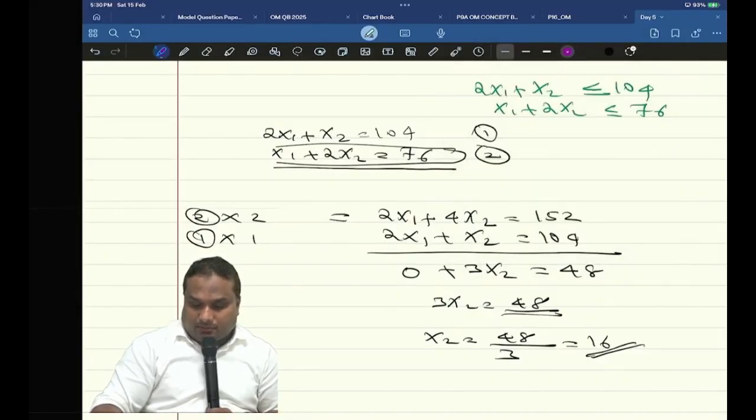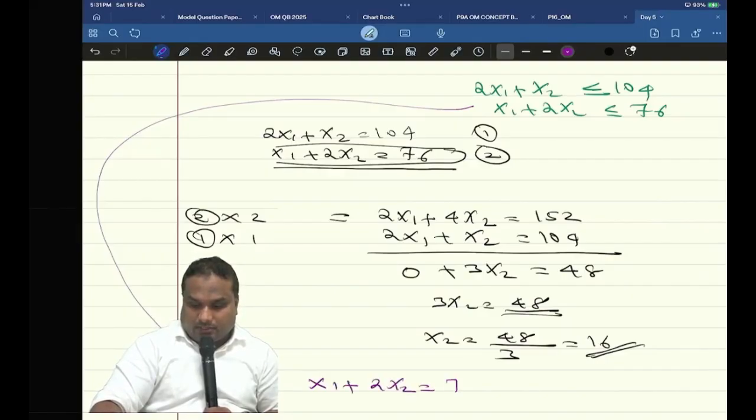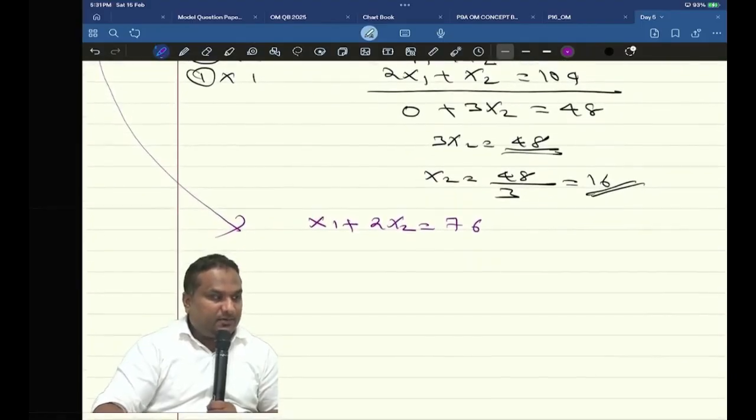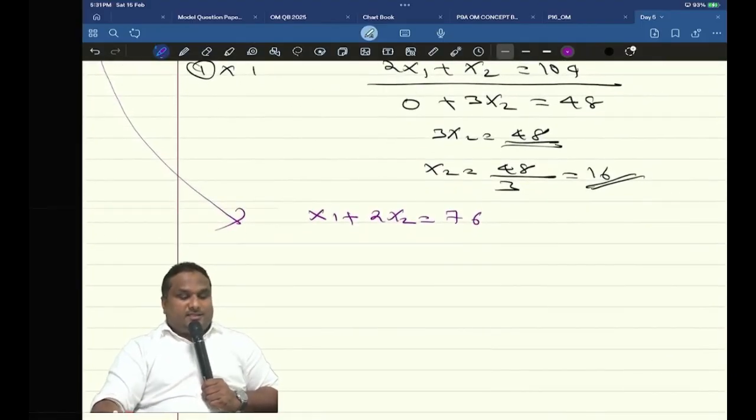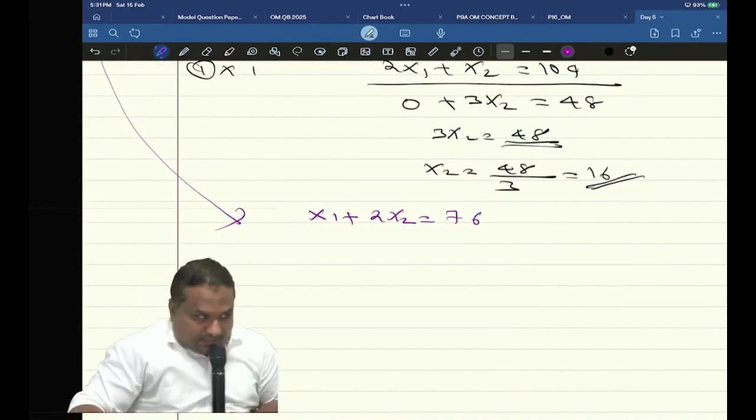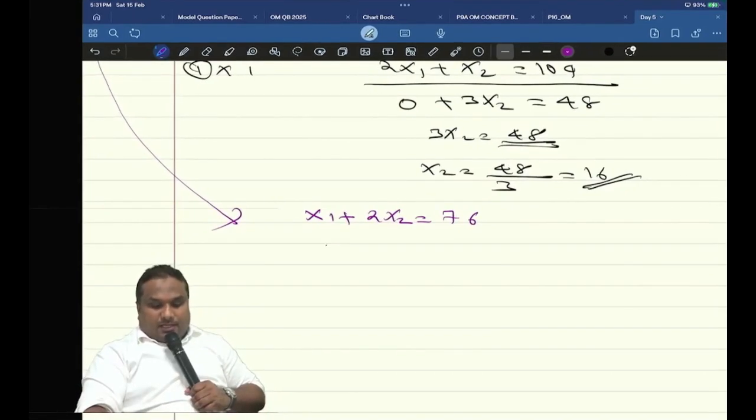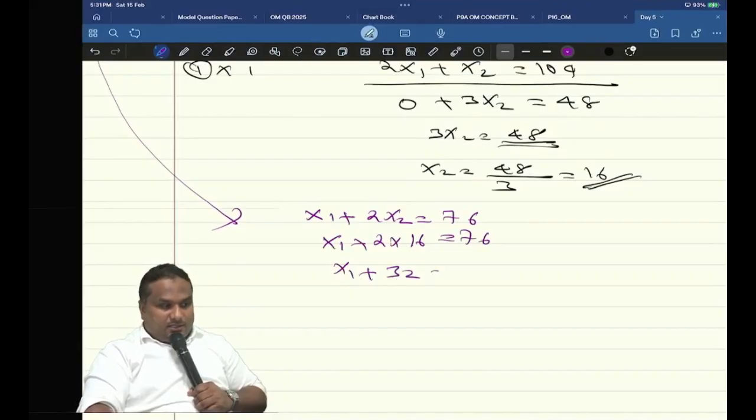Now you need to substitute into any one of the equations. Take the second equation, x1 plus 2x2 equal to 76. In our case x2 is 16, so x1 plus 2 into 16 equals 76. x1 plus 32 equal to 76, so x1 is equal to 76 minus 32.